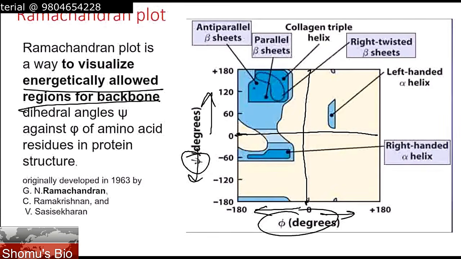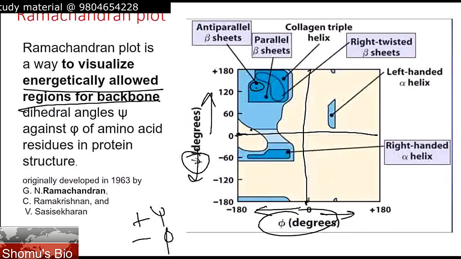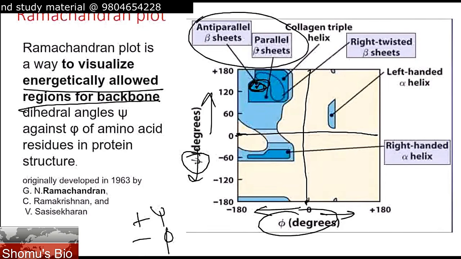So let's take positive psi and negative phi, which will be placed somewhere here. That will form beta sheets. Beta sheets always favor positive psi and negative phi angles.